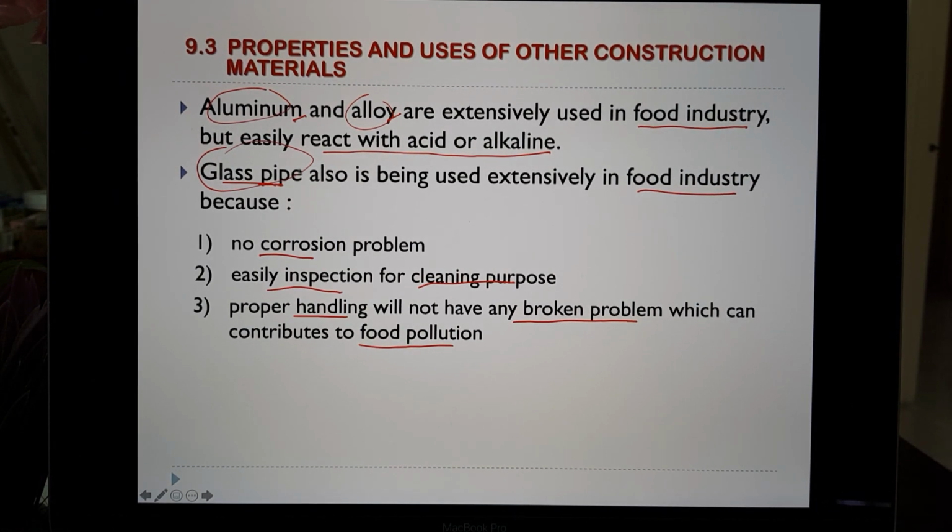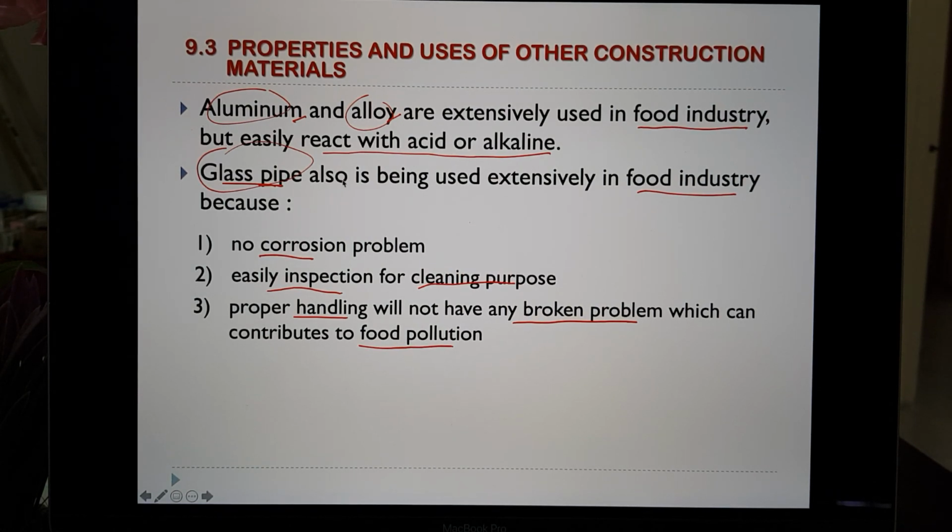However, this glass pipe requires high maintenance because from time to time they need to check the integrity of the glass pipe, for any cracking or leakage.